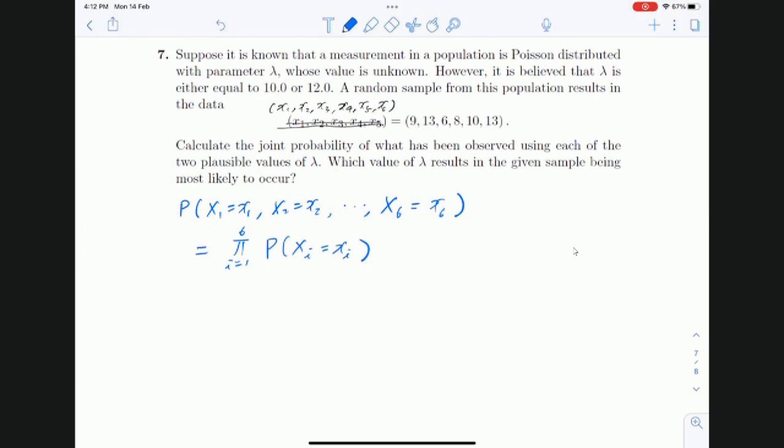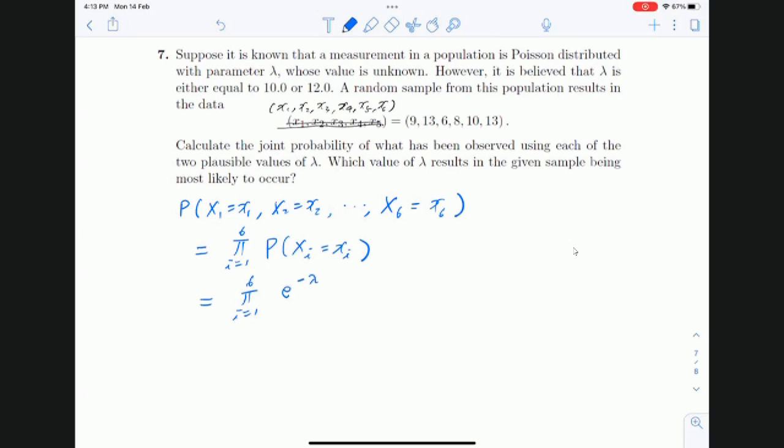Now, according to what was stated in the question, the population is Poisson. So this probability will be a Poisson probability. I hope that all of you still remember how to write down a Poisson probability.